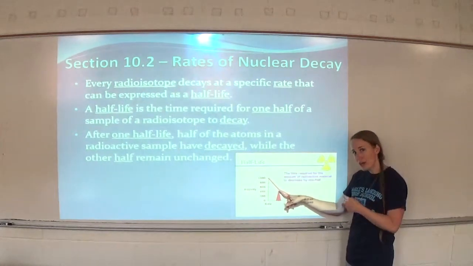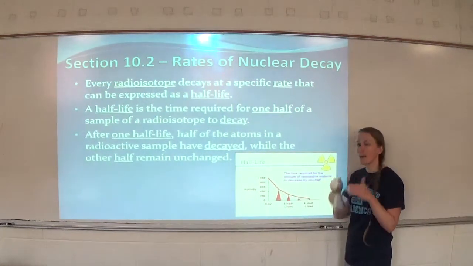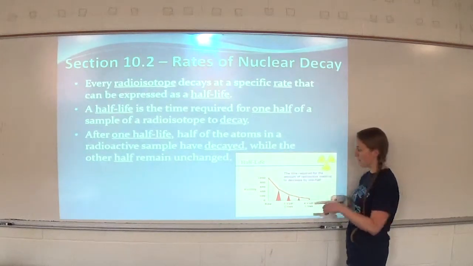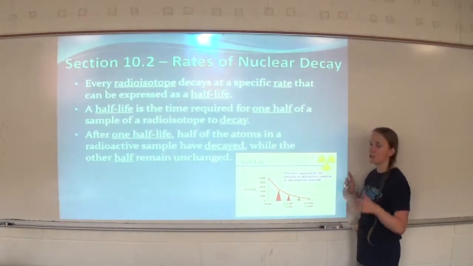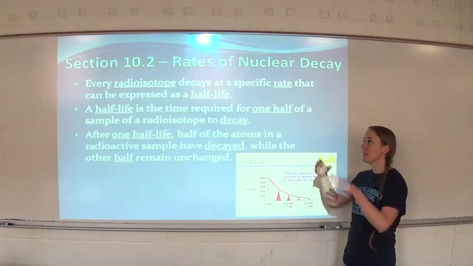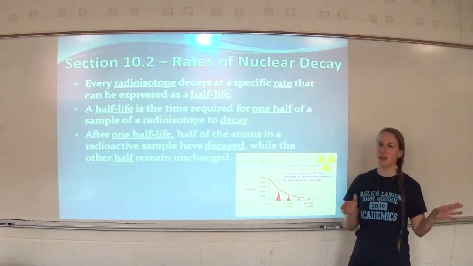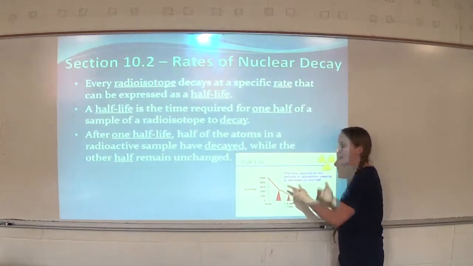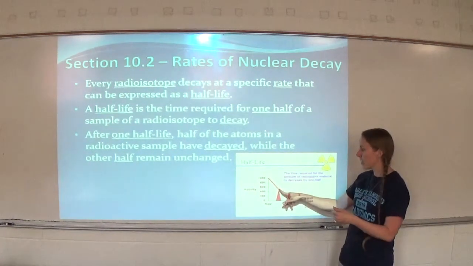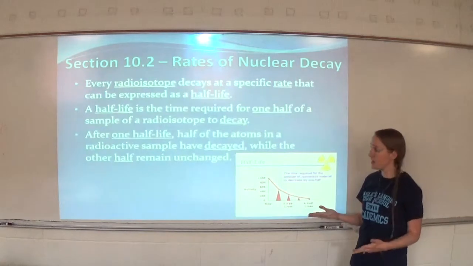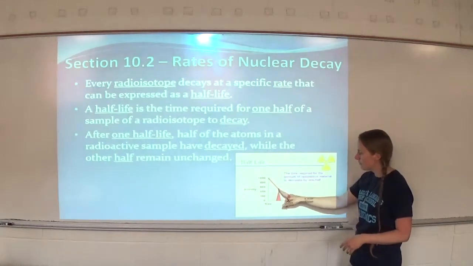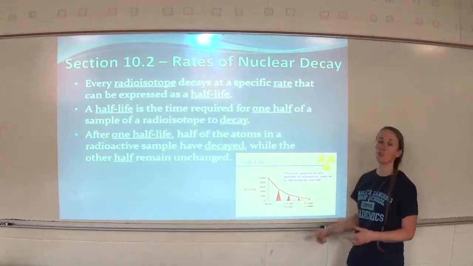After another half-life, half of the 500 particles would have decayed, so we'd be down to 250. So it's not like half decays, that's one half-life, and the other half completely decays. Every time one half decays, you start with that amount to decide what your next half would be. So we would go 1,000, 500, 250, 125, like that.